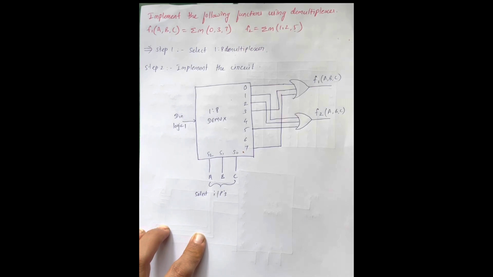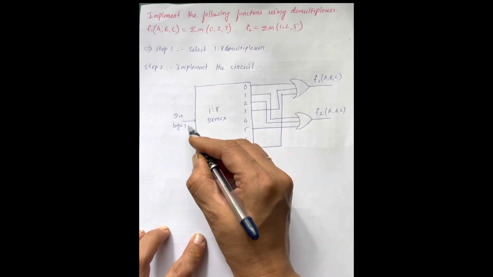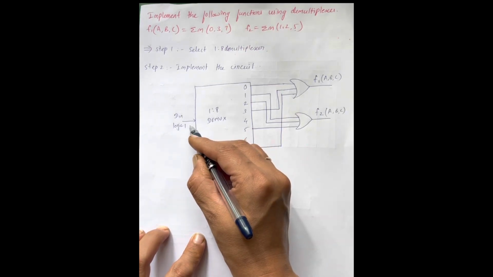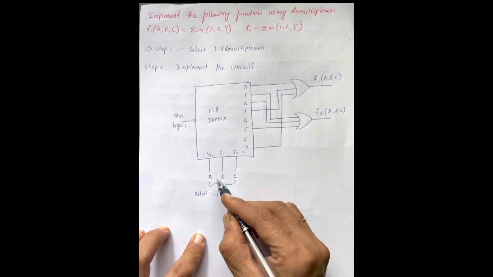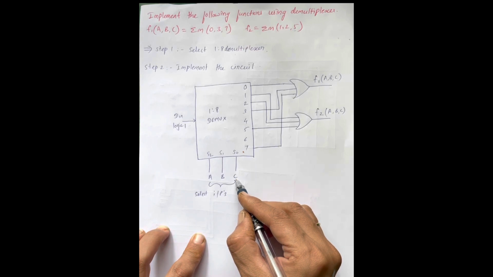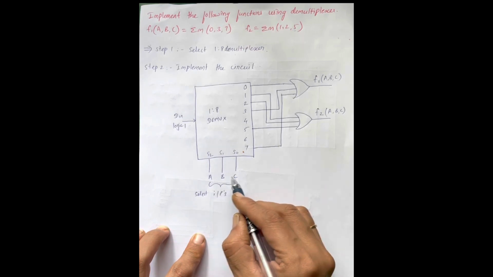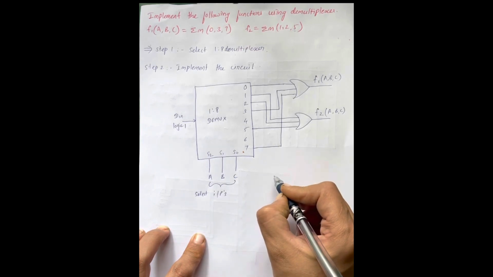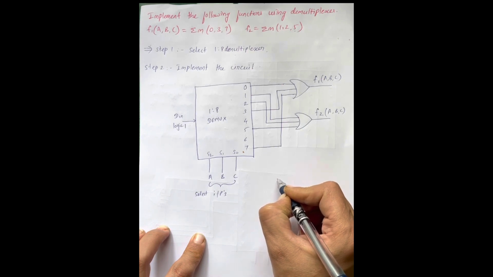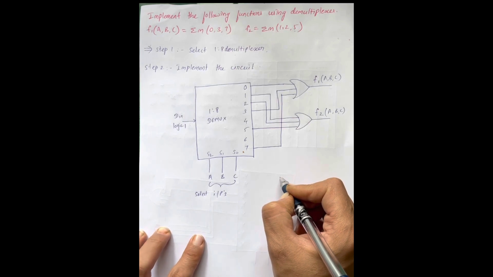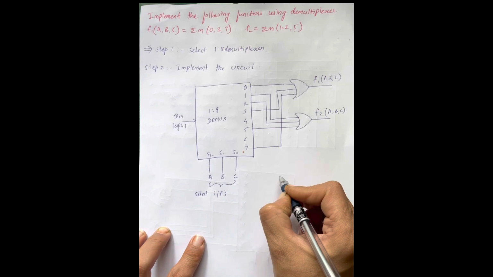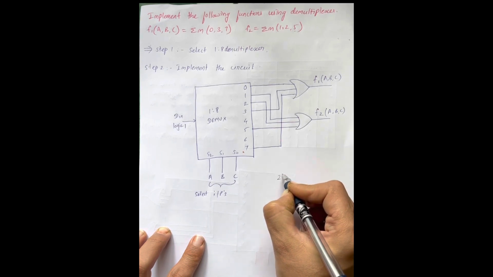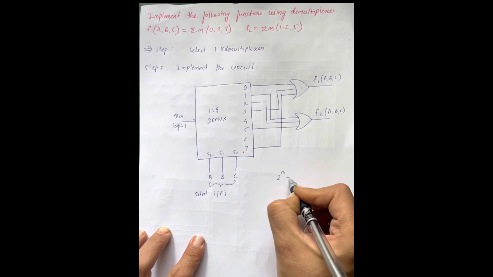Step 2, we have to implement the circuit. Here I have taken the input D in, and that should always be connected to logic 1, so that I have done. Besides that, for the 1:8 demultiplexer I will require select lines. 3 select lines are there, as per the relation between the number of select lines and the number of outputs, 2 to the power m equals n, right?